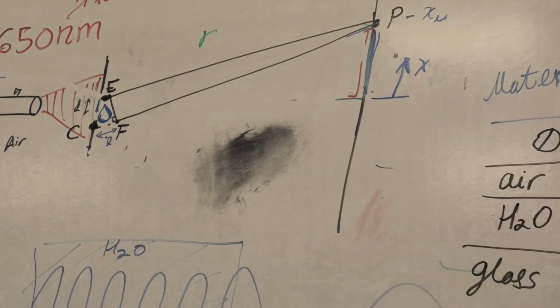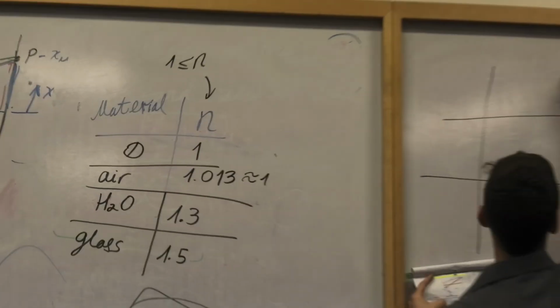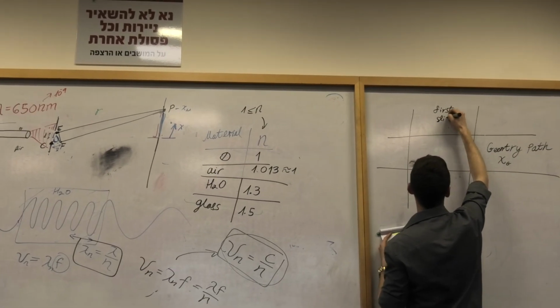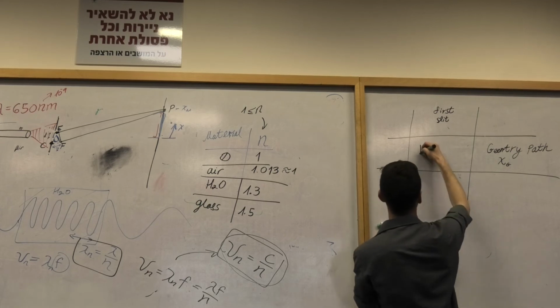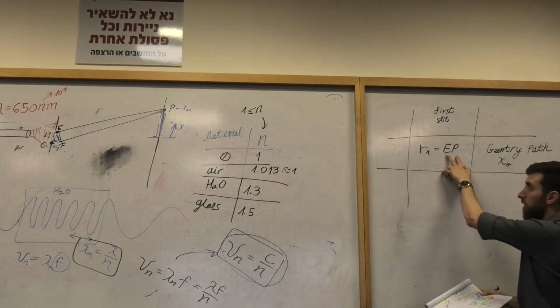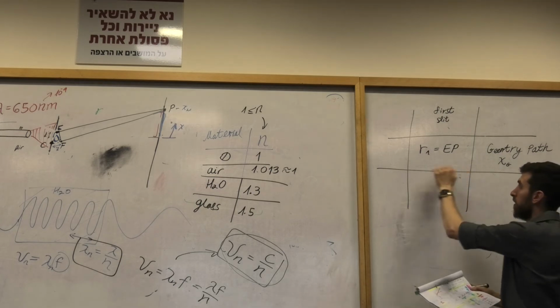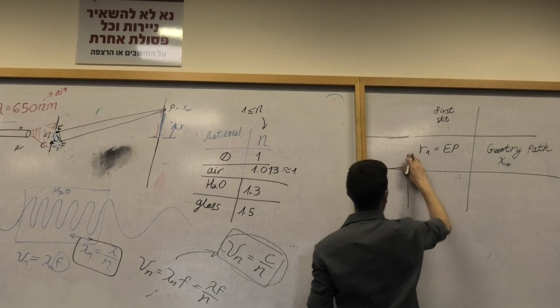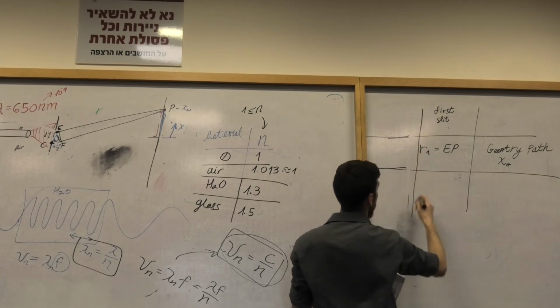So the first beam, this is the first slit, right? Have the distance R1, which is equal to EP. This is the distance, right? And here, actually I should do it more like that, give it more room.